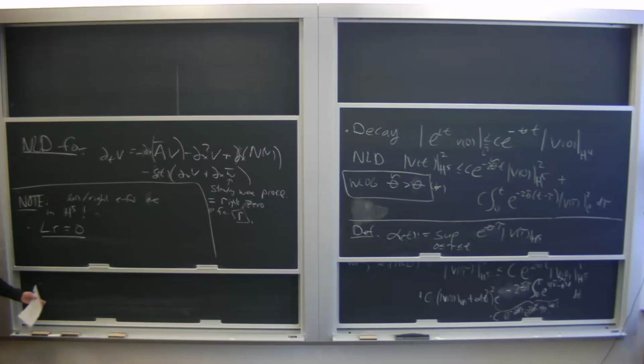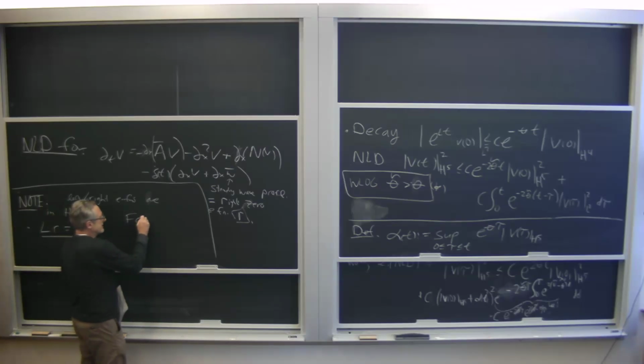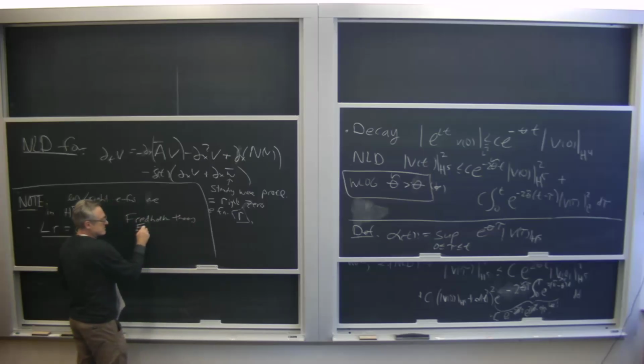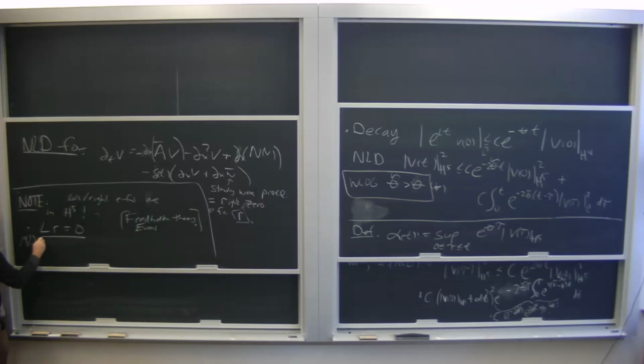Now, this is exactly just from the Fredholm theory in Evans' PDE book. It's the same. You use that somewhere. So we assume, as usual, that there is some point in the resolvent set.